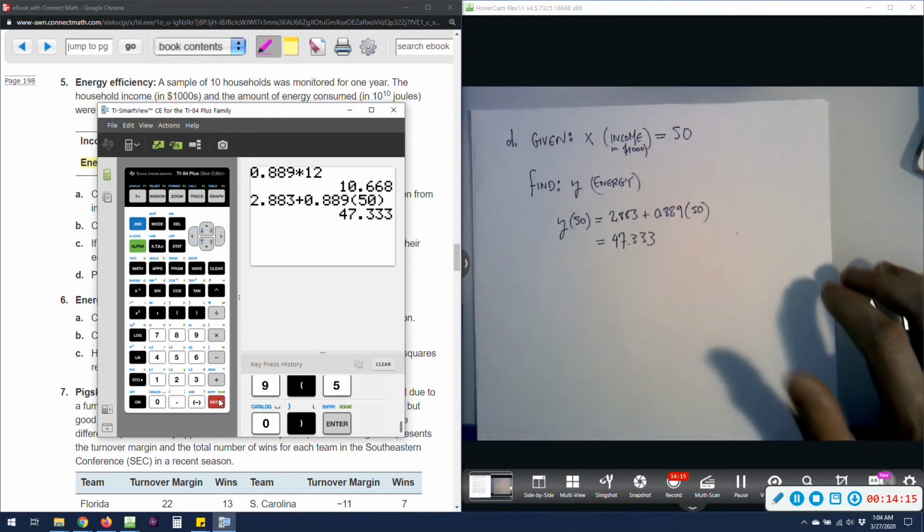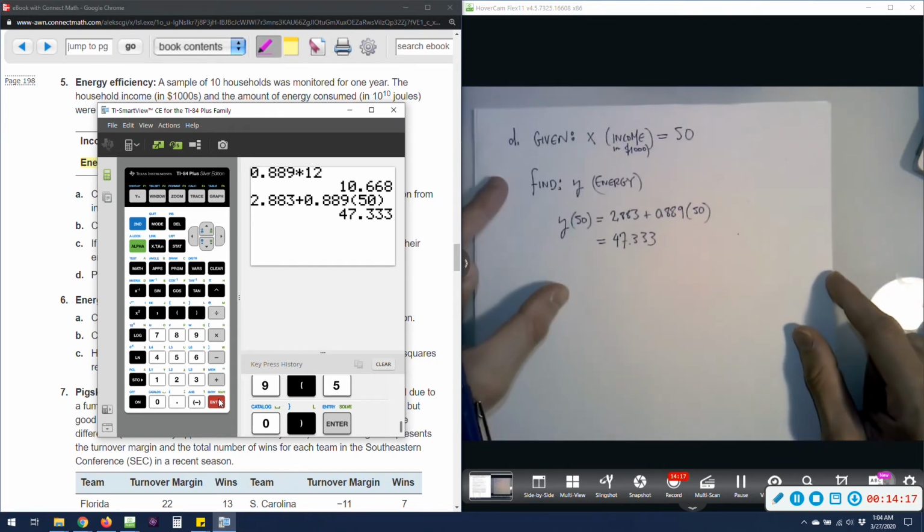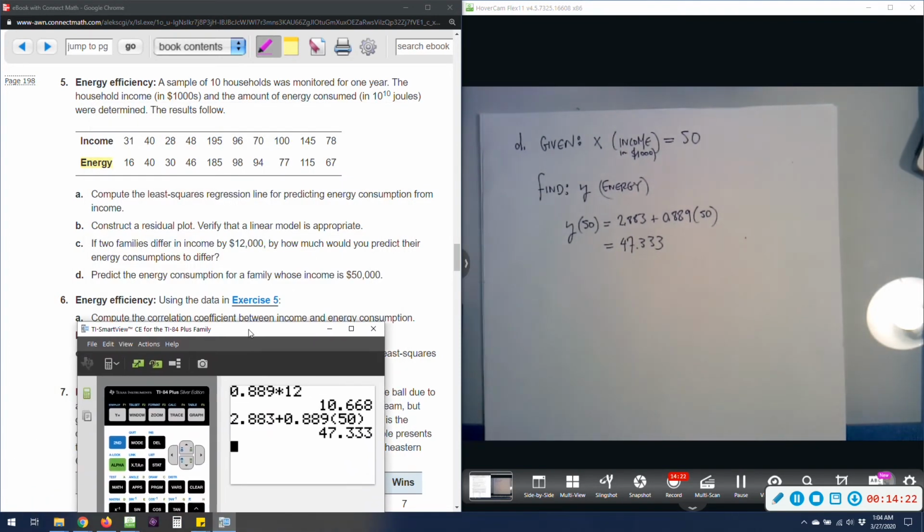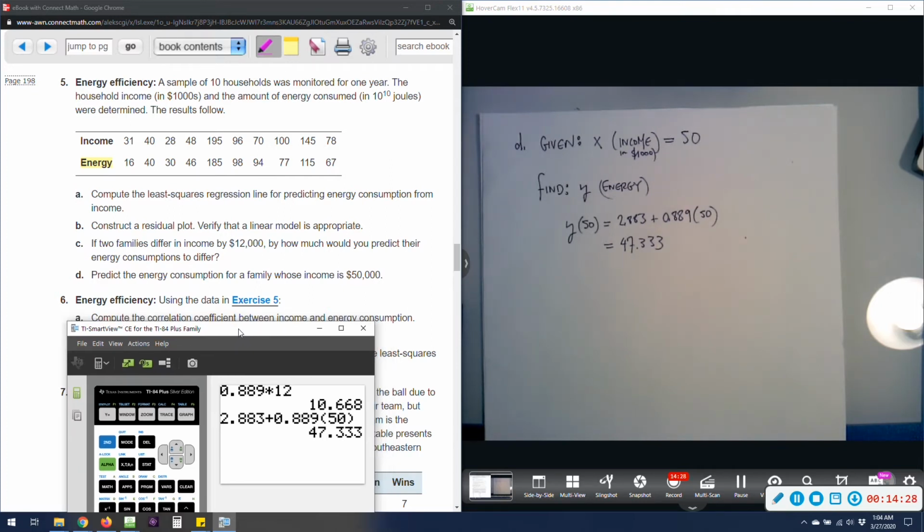So this one's much more straightforward. We just have to interpret the question correctly. The question is, predict the energy consumption for a family whose income is $50,000. So really you're predicting the y for a family whose x is $50,000.